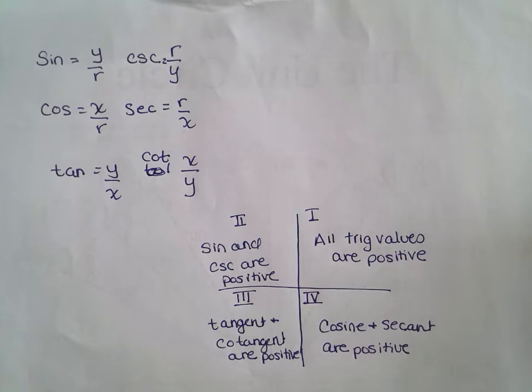So first of all, I want you guys to write down these ratios of sine, cosine, and tangent for me, and cosecant, and secant, and cotangent. Now we're used to usually using opposite over hypotenuse and stuff like that, but this is really going to be helpful for you.